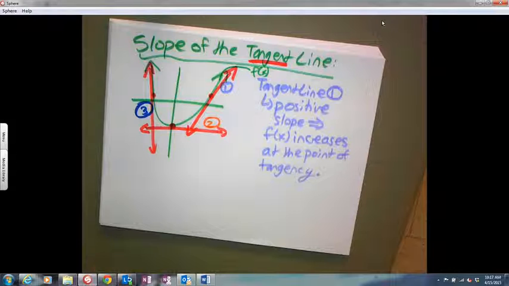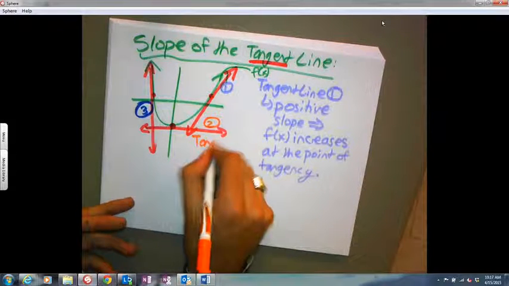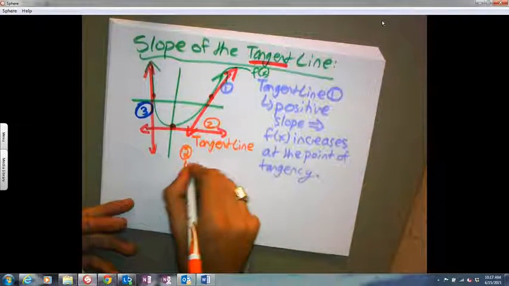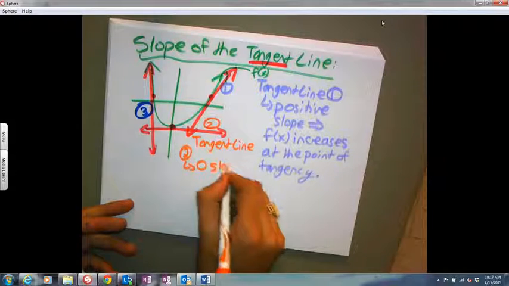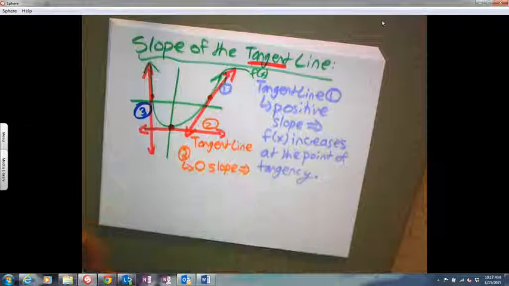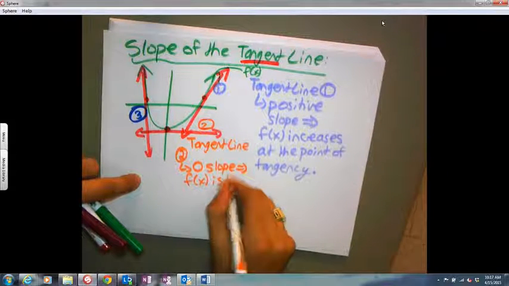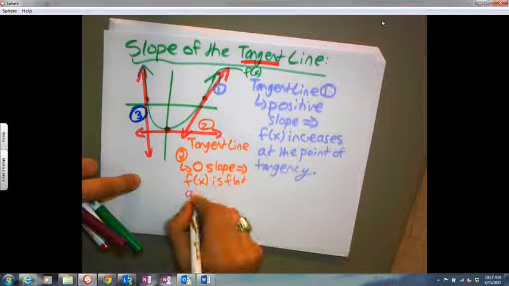Conversely, tangent line 2 right here has a zero slope, therefore the function is flat at the point of tangency.